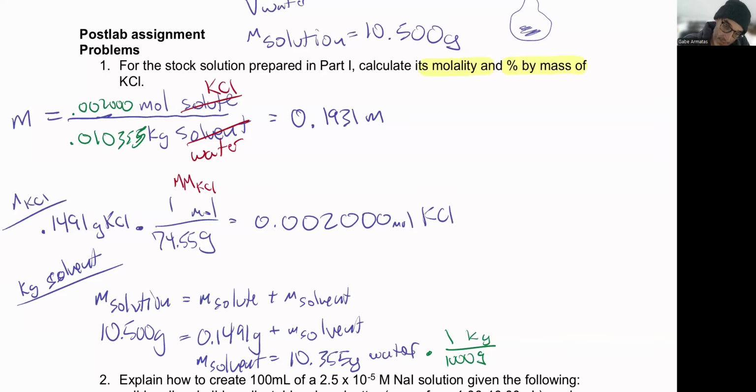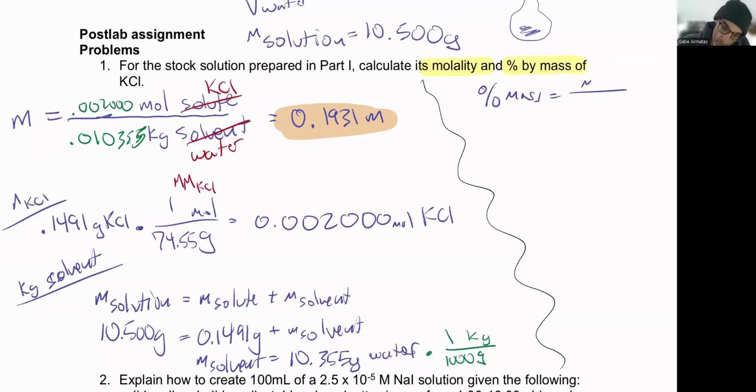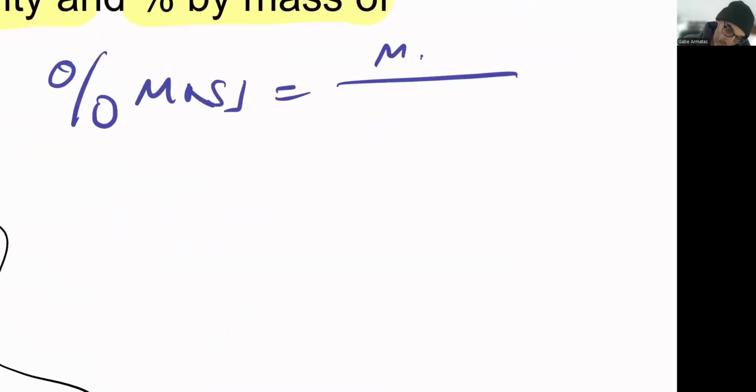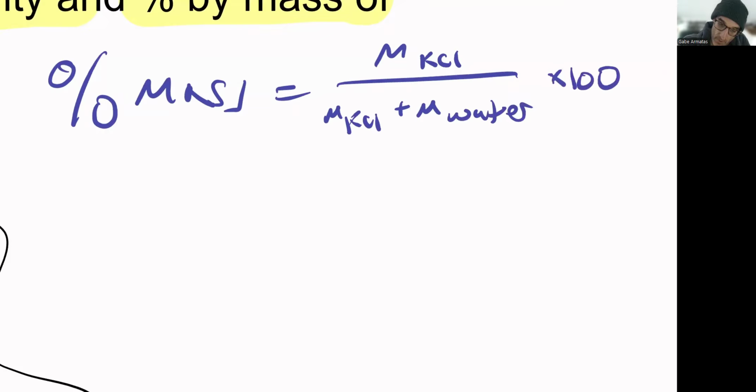All right, molality is solved. So the next step is determining percent by mass. So percent mass of KCl is always the part over the whole. So mass of KCl over the mass of the KCl plus the mass of the water times 100.